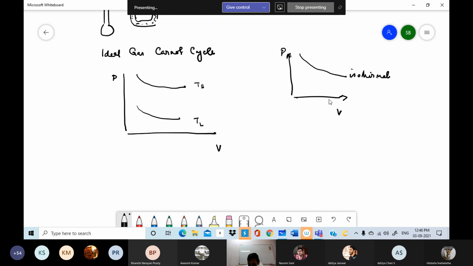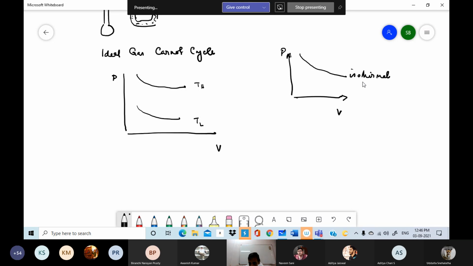Now, the gas is kept at constant temperature. For an ideal gas, the internal energy depends only on the temperature. It need not necessarily be a linear function, but it has to be a function of temperature only. So if I'm not changing the temperature, the internal energy does not change.